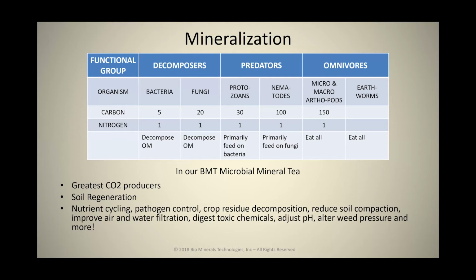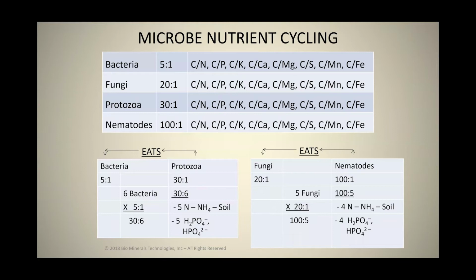These soil microorganisms regenerate our soil, they cycle nutrition, they control pathogens, decompose residue, they reduce compaction, they improve air and water filtration, they digest toxic chemicals, they adjust pH, they alter weed pressures, and more. So this is the magic, because God is really, really good at microbial math. And so this is how it works.